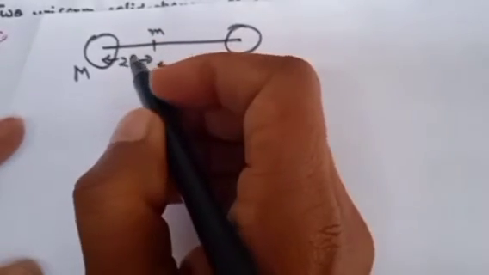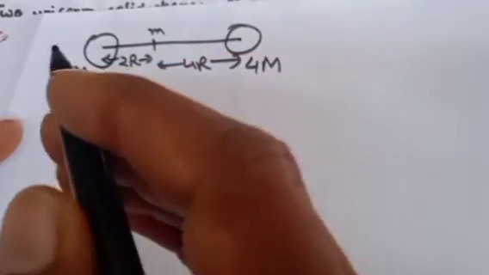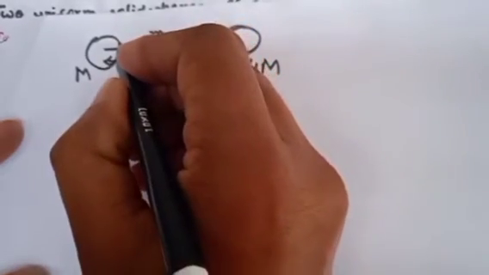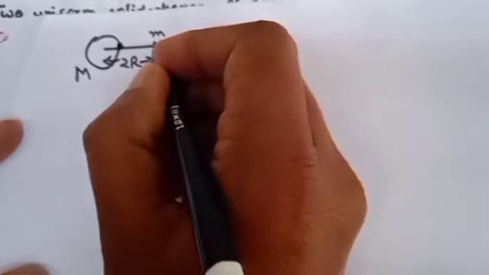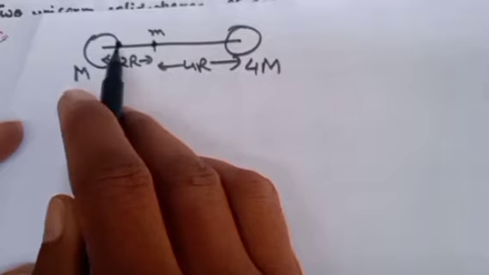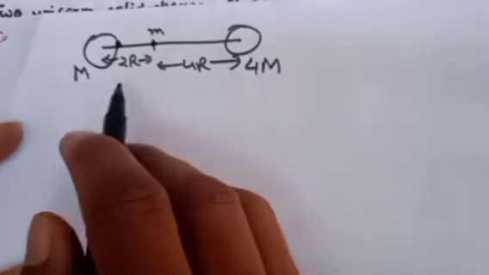Now actually we will take two different conditions. One, when the projectile was here. Two, when the projectile is here. So we'll give it velocity here just in order to reach this point.